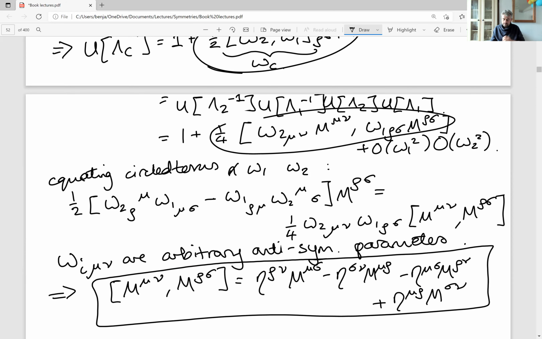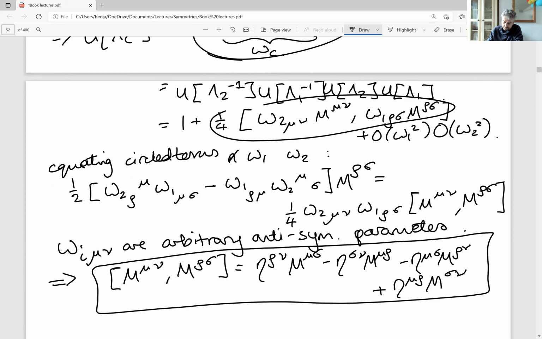If you want more help on getting between the previous line and this one, just look in the book. I've laid it out in full there. That's good. So we'll stop here. Next time, we'll look at the different components of this, the spatial components, the time components, and so on, and derive something else about the Lie algebra of this proper orthogonal Lorentz group.